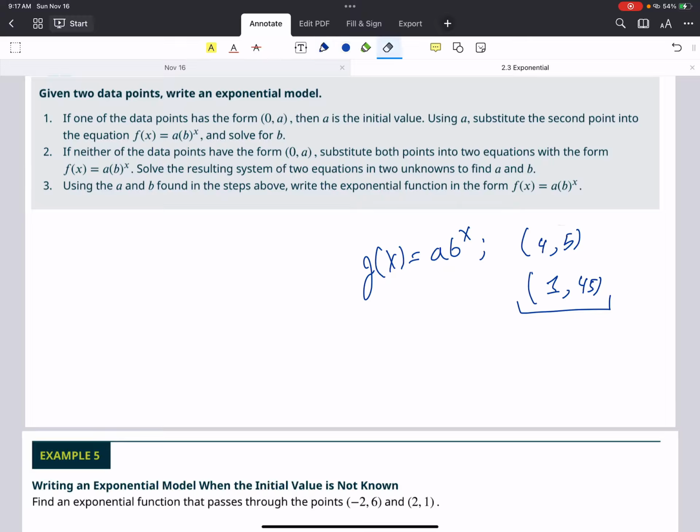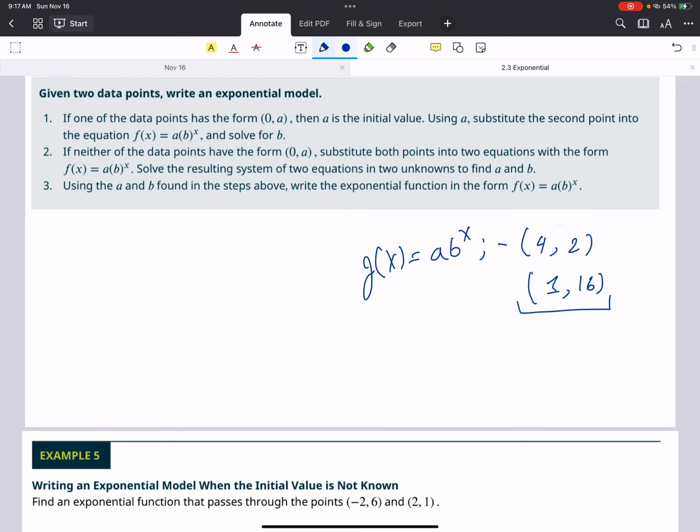Let me think of good numbers. Okay, well, the 5 is kind of ugly, so let's erase that. Let's turn this into 16. Let's turn this into 2. Let's turn this into 4. Okay.